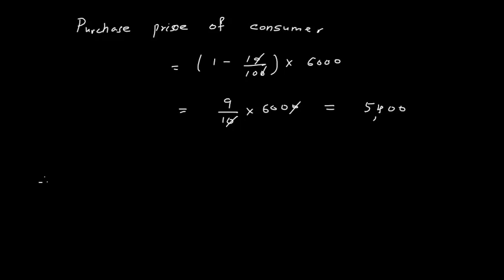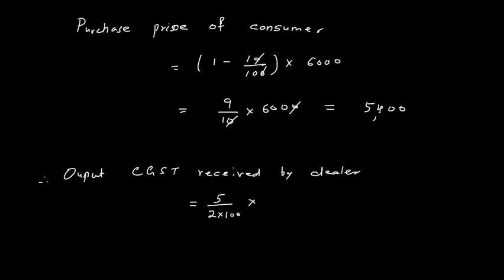Therefore, output CGST, the tax which the consumer will pay, is considered to be output CGST of the dealer. Output CGST received by the dealer: here he will receive this CGST. So output CGST received by the dealer will be equal to 5 divided by 2 into 100 multiplied by 5400. So these two 0s cancel, then 2 fours are 8, 2 sevens are 14.